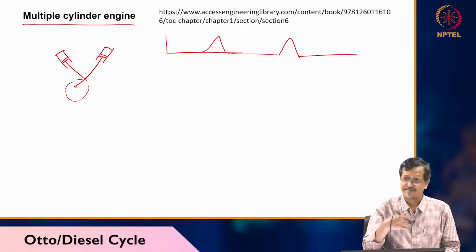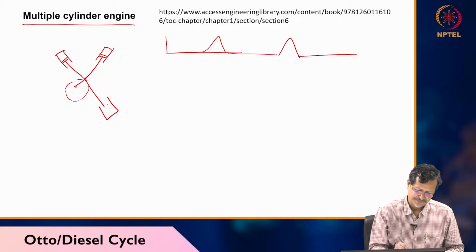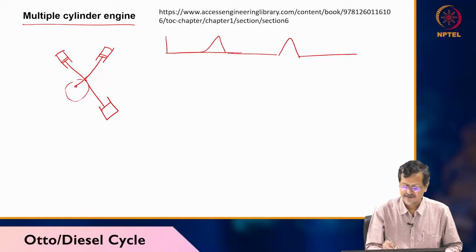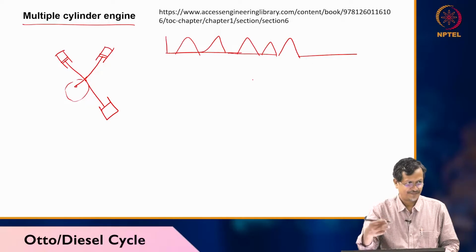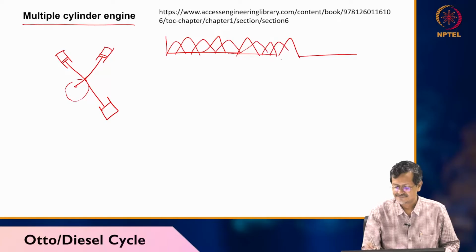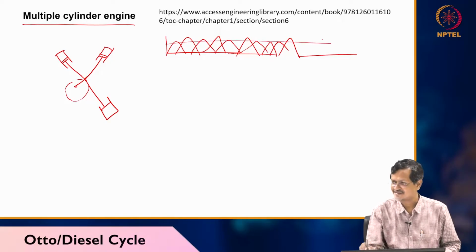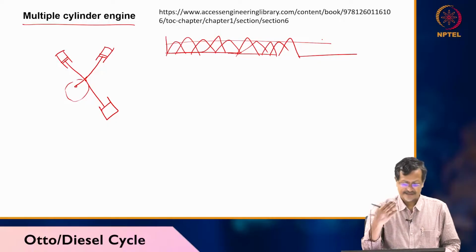I may have many other pistons also. For example, I may have a piston here also. If I have many pistons, then I will have many pulses, right? 10, 20, many I can make, right? So actually you see the average pulse is almost smooth. That's why they have multiple cylinder engines.